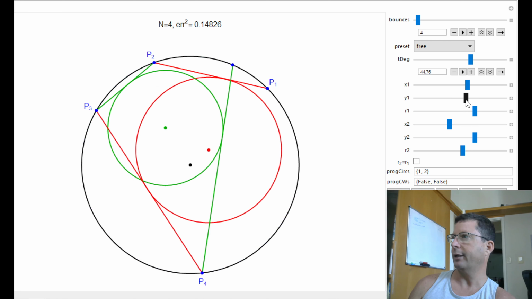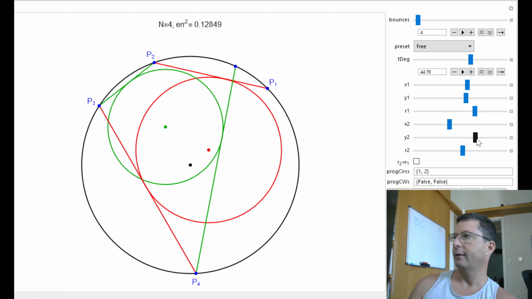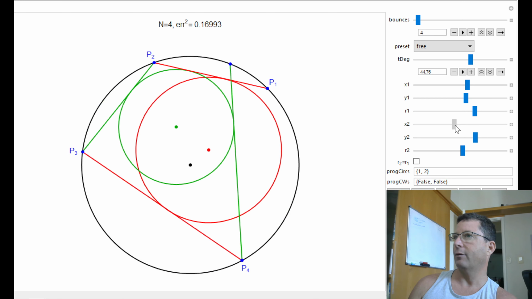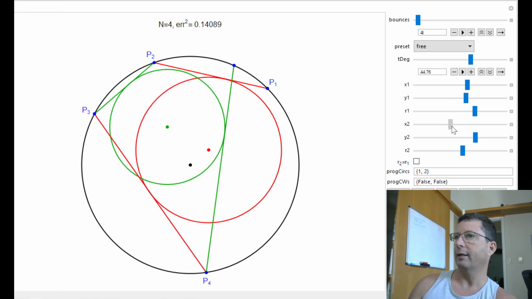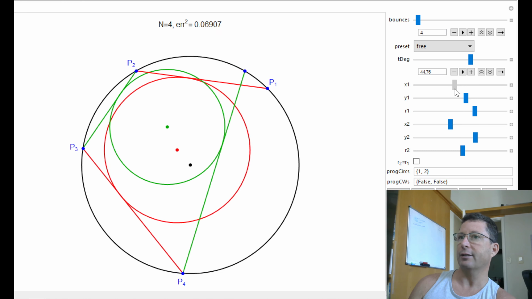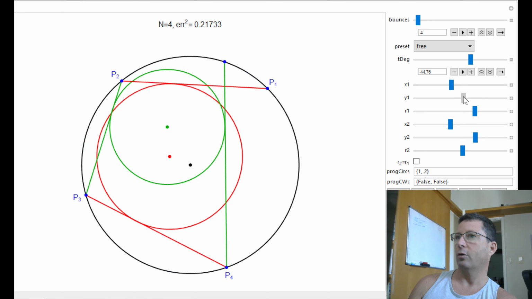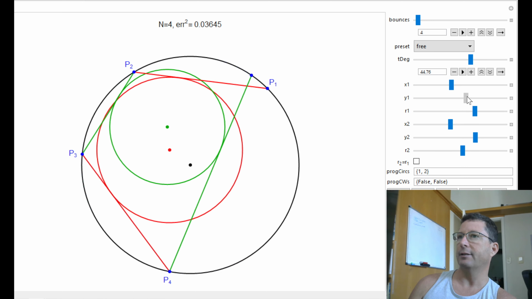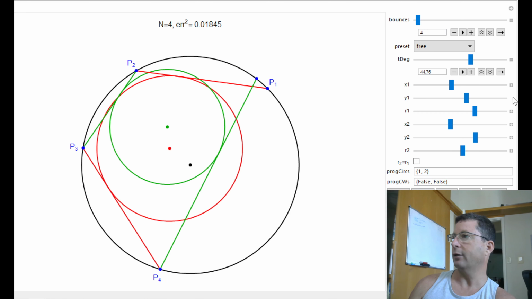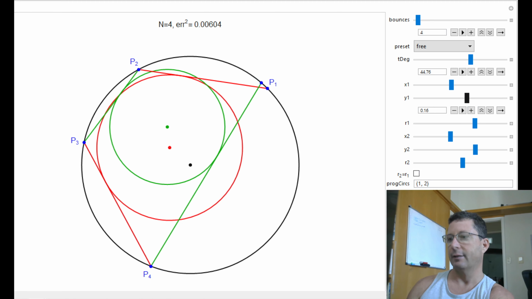Perhaps if I go this way, if I now move this guy that way, and then, no, not this way, you want to go that way, and then this guy here, yeah, this is helping. You can see that this is helping. So I want to go this way, and I want to go up a bit, like that. So I think I'm going to hit the closure there, just searching for it manually.